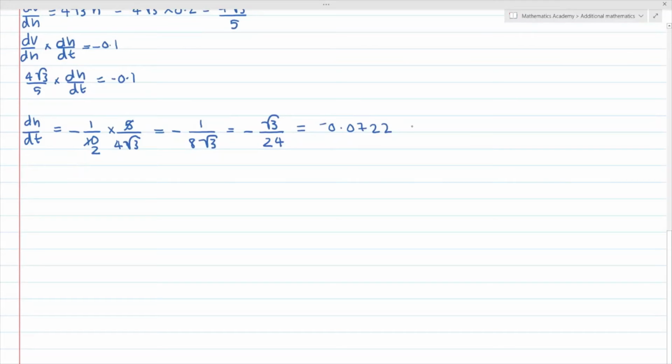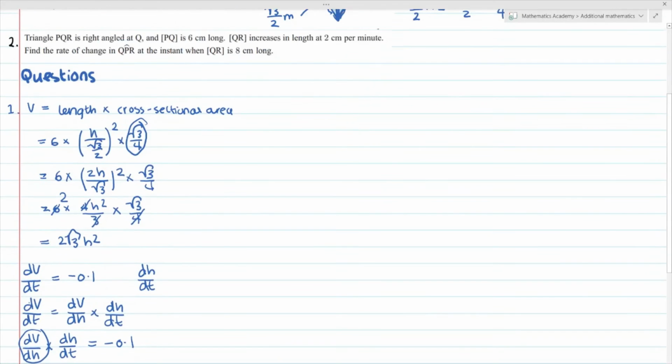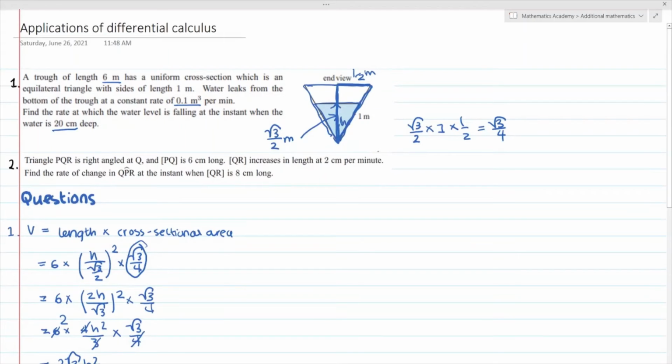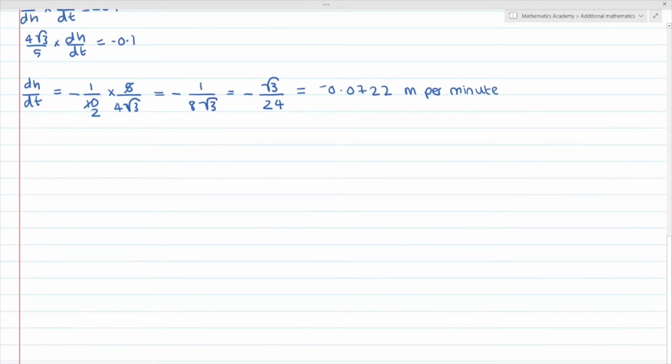Remember that this is meters per minute, because all of the lengths we've been using so far were in meters, and per minute because we're originally given that the volume decreases at a rate of 0.1 meters cubed per minute. Okay, and so we can convert this to centimeters because this is too small a number at this point.